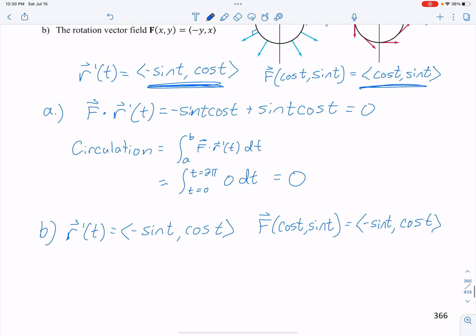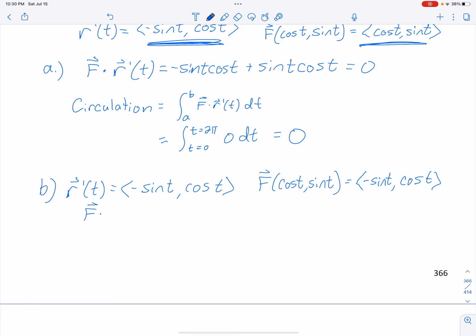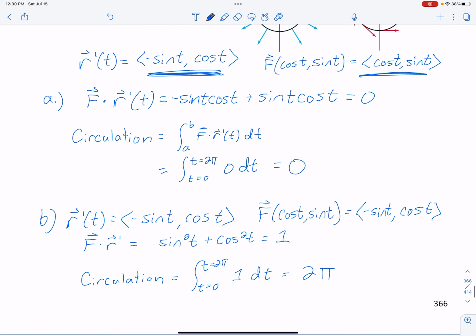Let's dot those two. I got negative sine squared t plus, it's going to be positive actually because a negative times a negative, cosine squared t. You can see where this is going to end up. That's a 1. So to find the circulation, it is the integral from t equals 0 to 2 pi of 1 dt, which is just 2 pi.